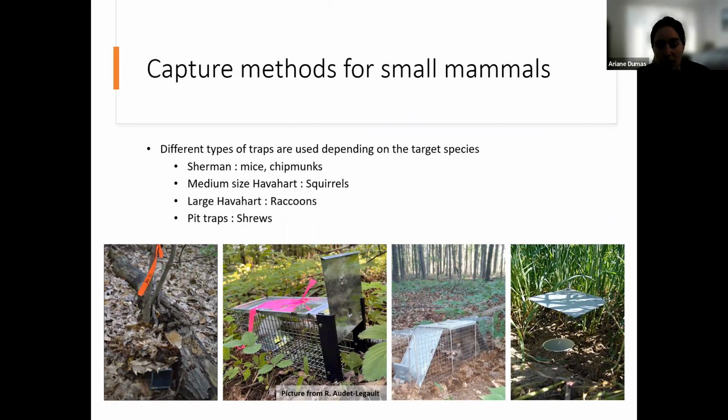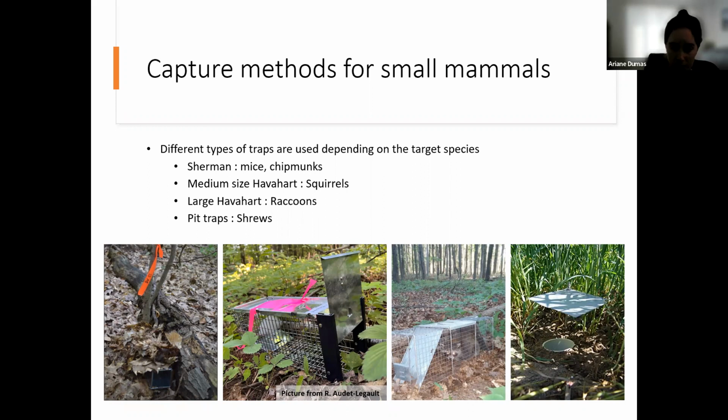Normally, we use a mixture of peanut butter as bait, and we add insulating foam into the trap to prevent hypothermia when animals are caught inside. We can also add a small piece of apple or potato so they can eat that and remain hydrated during the time that they are caught in the trap.